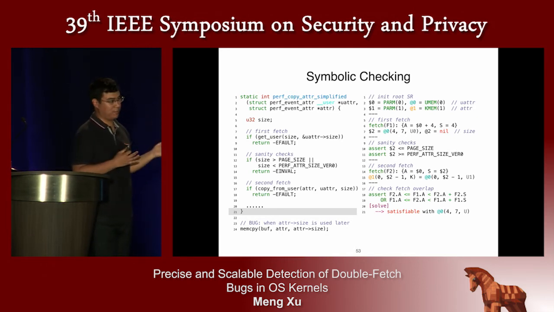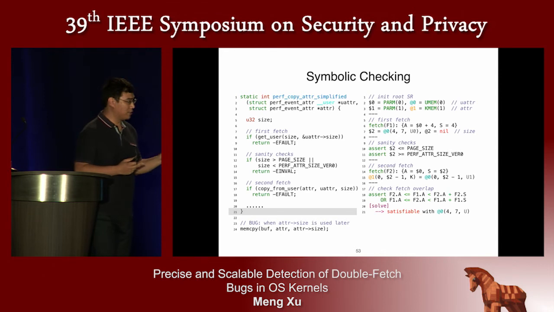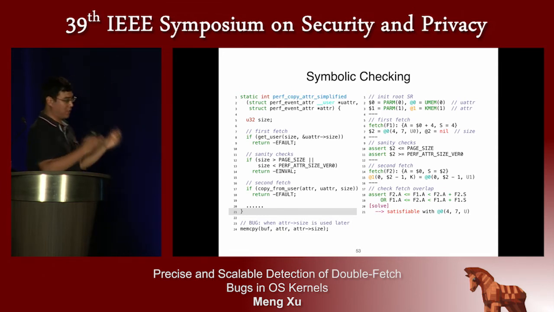If they do, there is an overlapping fetch. In this case, it turns out there is one, and the region is annotated with 0, 4, and 7, which means it's the user space memory pointed to by UATTR from byte 4 to byte 7. This is the overlap region.